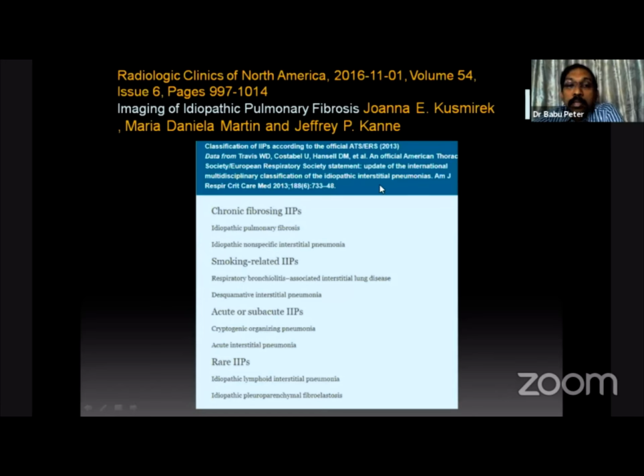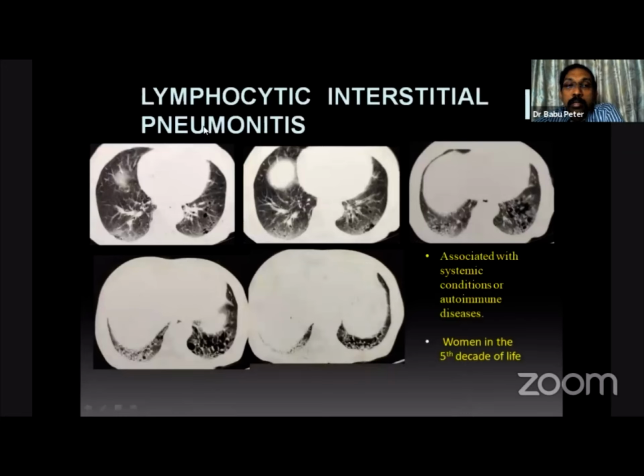And there are various causes of a chronic fibrosing idiopathic interstitial pneumonia pattern, which is typically seen with idiopathic pulmonary fibrosis. The smoking-related pattern can be seen with respiratory bronchiolitis-associated lung disease, in which other abnormalities like mosaic attenuation may also be evident. It can also be seen with cryptogenic organizing pneumonia, and rarely with lymphoid interstitial pneumonia.